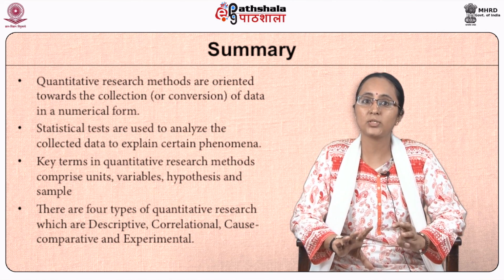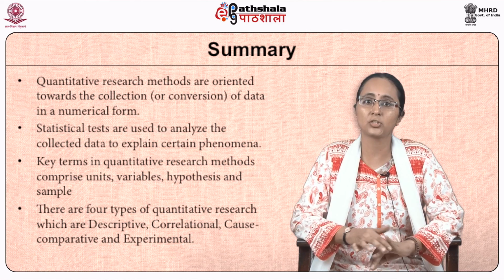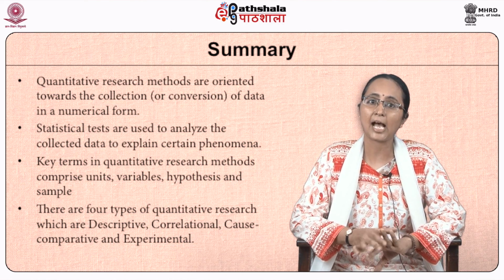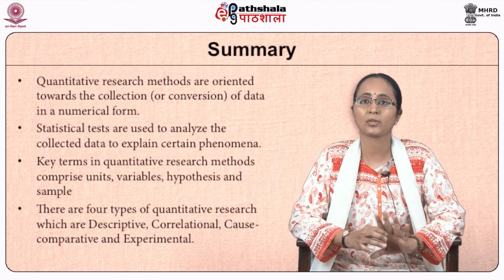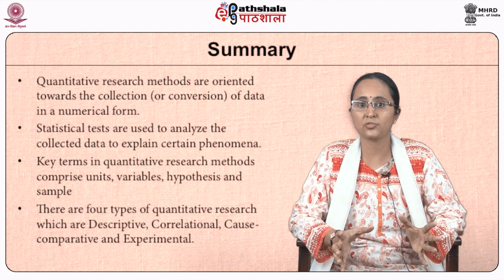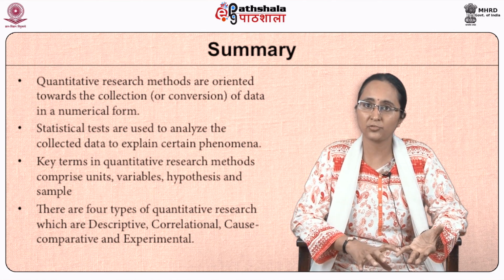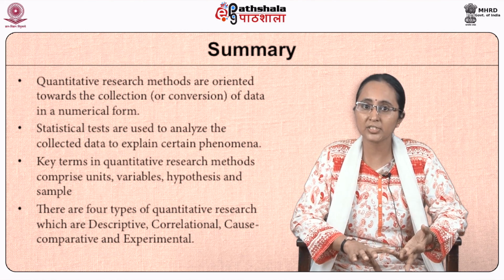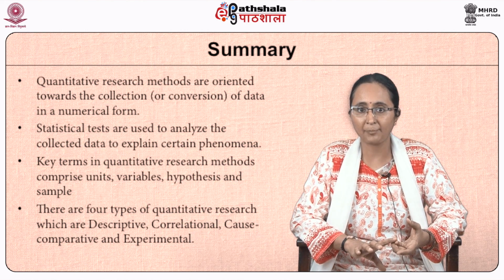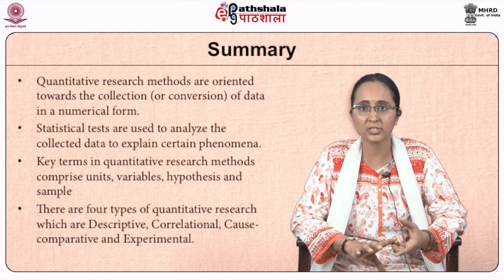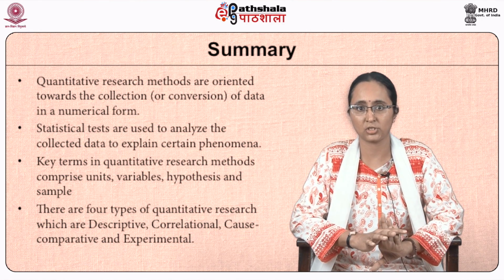Key terms that we use in quantitative research include units, variables, hypothesis and sample. 4 types of quantitative research are descriptive research, correlational research, comparative or quasi-experimental research and experimental research.